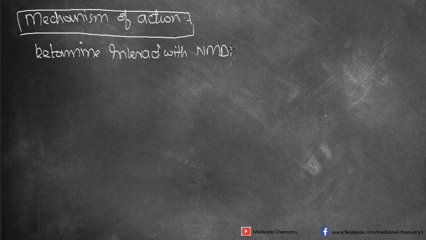Then we have the mechanism of action. In pharmacology I am only discussing the mechanism of action here because it is important to memorize. As discussed earlier, ketamine interacts with the NMDA receptor. NMDA is N-methyl D-aspartate, a receptor family.